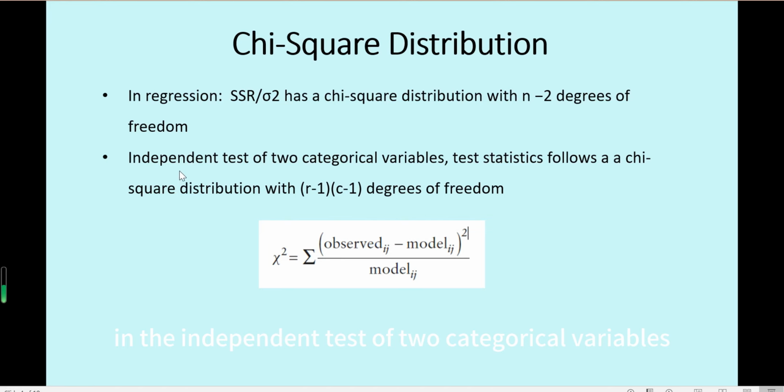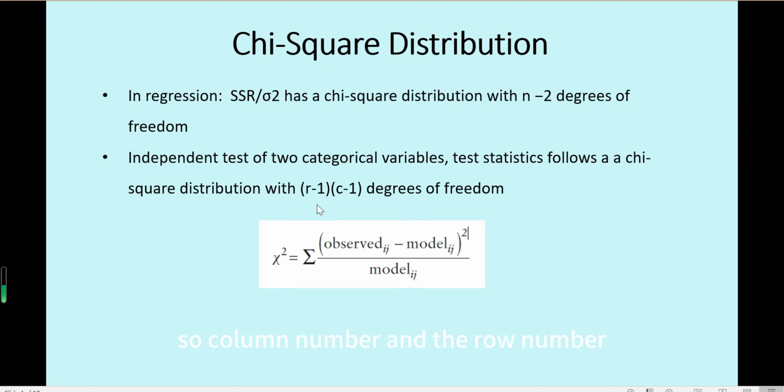And in the independence test of two categorical variables, this test statistic, which is the observed count minus the model count, squared, divided by the model count, will have a chi-square distribution with r minus 1 times c minus 1 degrees of freedom, where r and c represent the row number and the column number respectively.